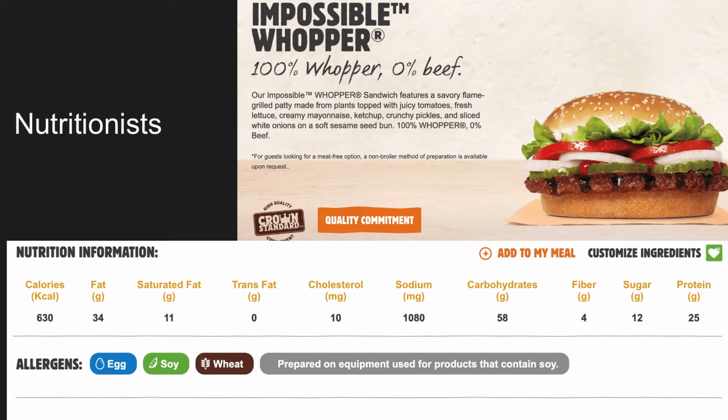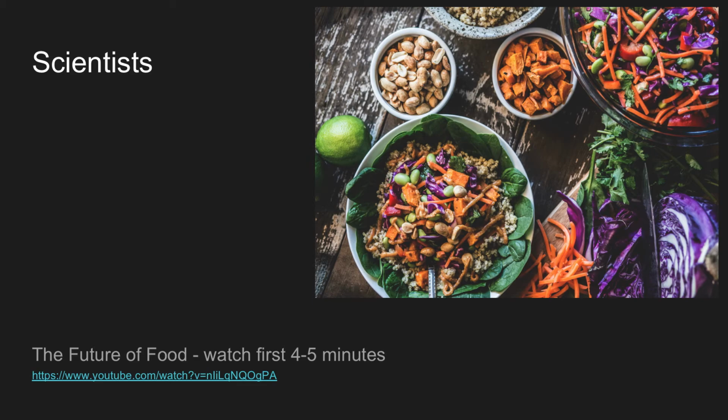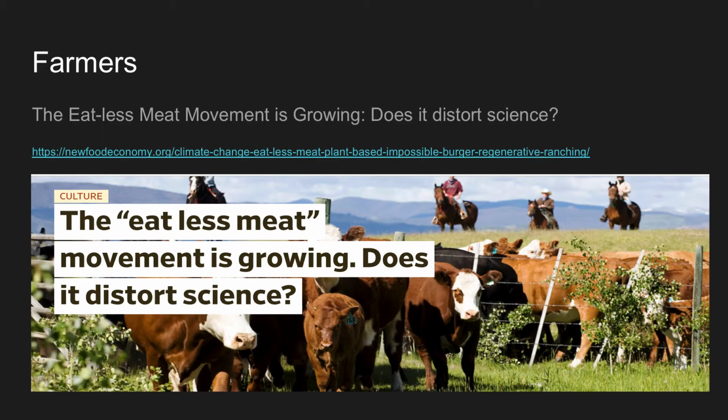For the nutritionists, they showed them this information saying, okay, you've got this information here. What more information would you want to know? Same with the scientists. They had them watch The Future of Food, the first 4 to 5 minutes, and then asked, what other information would be helpful for you as a scientist? Where would you go next?